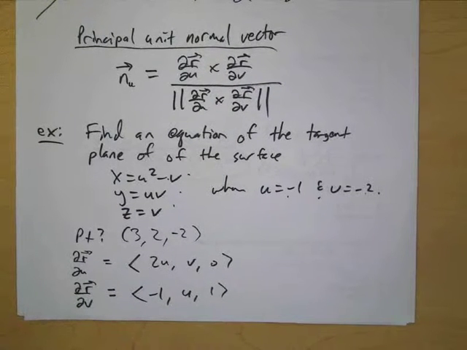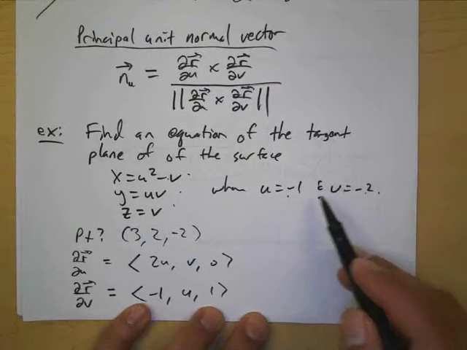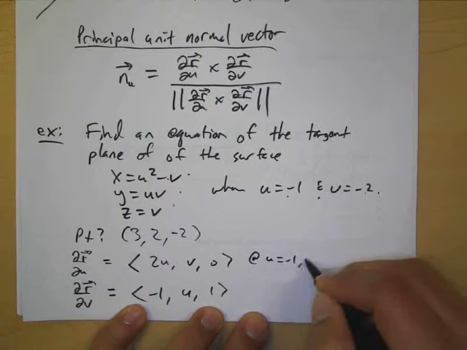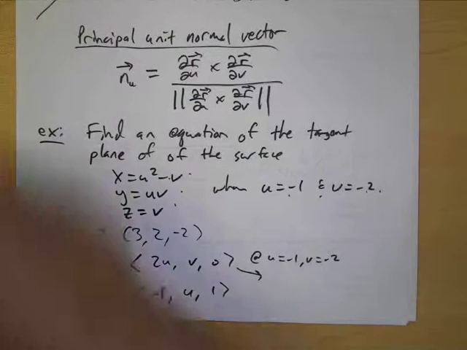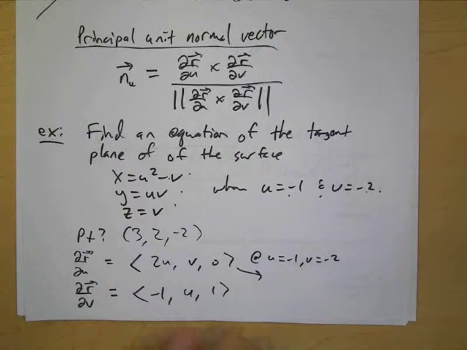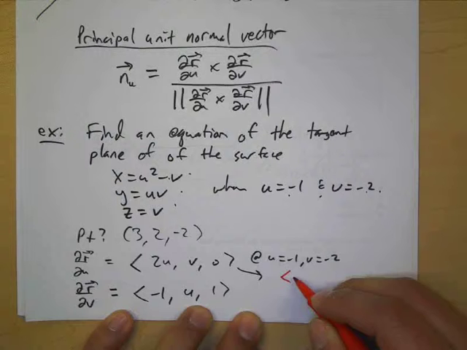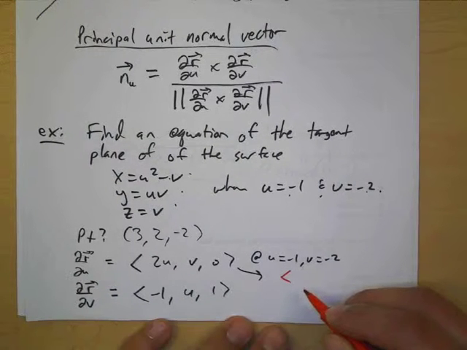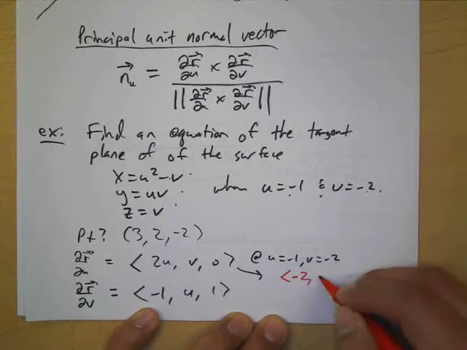Now, to make life easy, we already have a condition, right? We want u to be -1 and v to equal -2. So at u equals -1 and v equals -2, these become what vectors? Plug in u. You mean -2, then -2, 0.